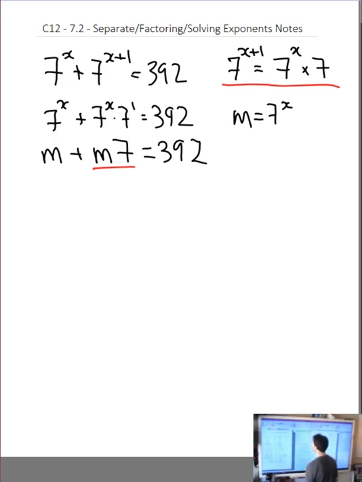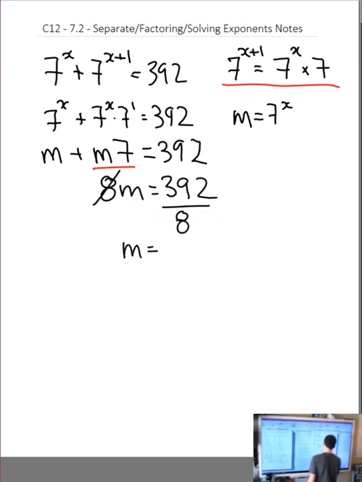Well, we know that 7m plus m is 8m, and that is still equal to 392, and I can simply divide both sides by 8, and m will give me 49. Now I made m 7 to the x, so I need to put 7 to the x back in for m. So 7 to the x is equal to 49.